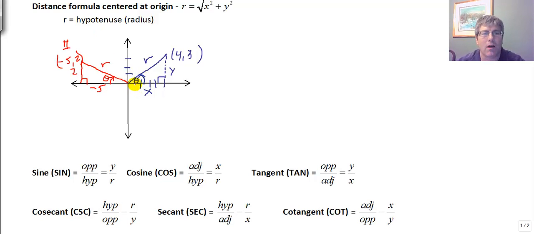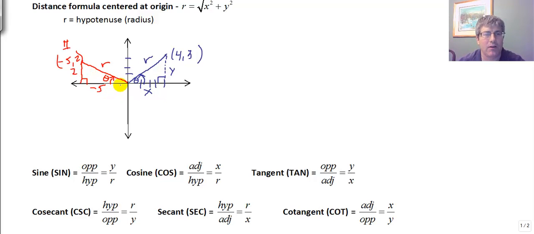So with our trig functions, if this is our reference angle, the sine we know is opposite over hypotenuse from what we knew about SOH CAH TOA. Well, the opposite side will always be y, and our hypotenuse will always be r.